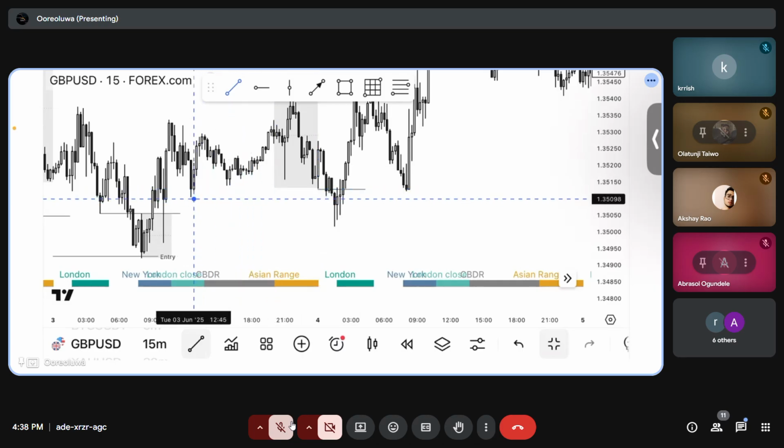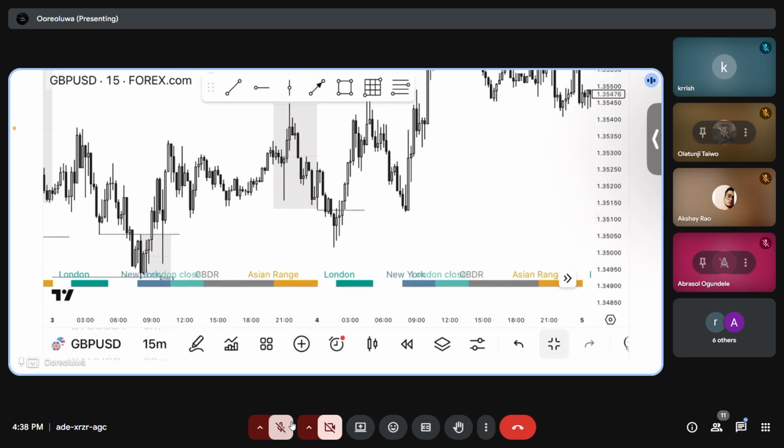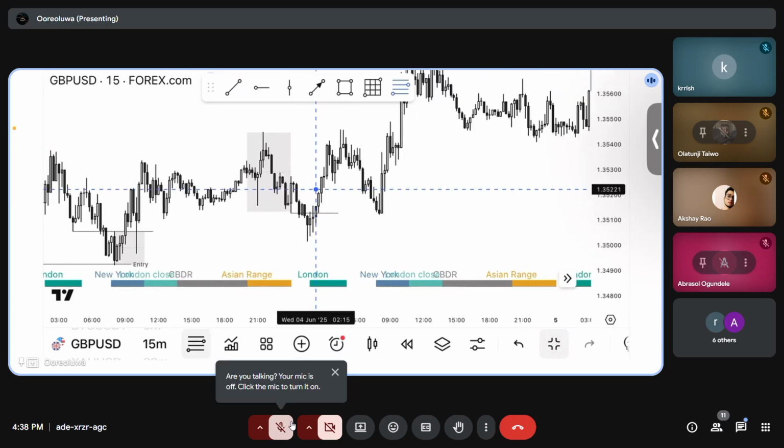So highs and lows are also key levels. They are called the external and internal ranges. Highs and lows are called external, and ERL is also a key level. IRL is also a key level. So this is also a key level, and yeah, the standard deviation, mark it out.